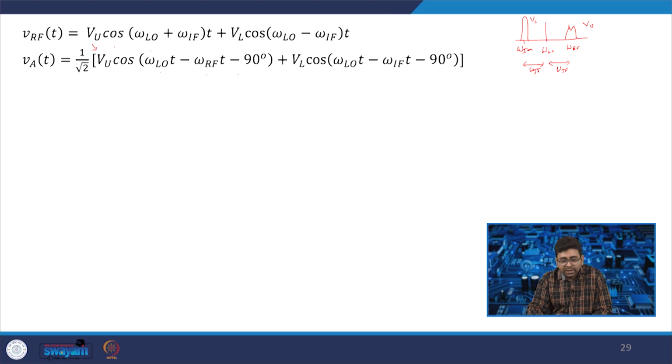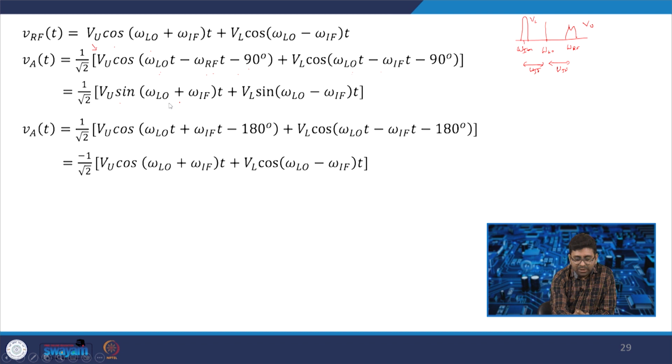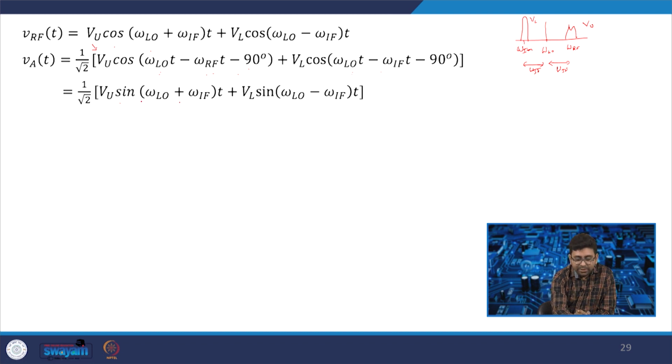So, that is why only omega RF minus omega LO has been written. It is two things, because it is a 90-degree hybrid coupler, a phase shift by 90, but you will have omega LO t minus omega RF t minus 90, omega LO t minus omega IF t minus 90. So, what you will get is V_u upper sideband, 1 by root 2 V_u sin(omega LO plus omega IF)t, and V_L sin(omega LO minus omega IF)t.